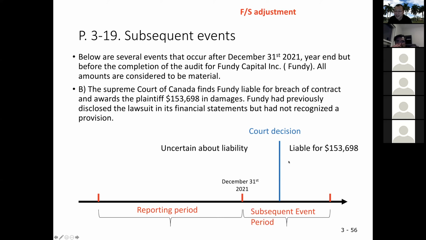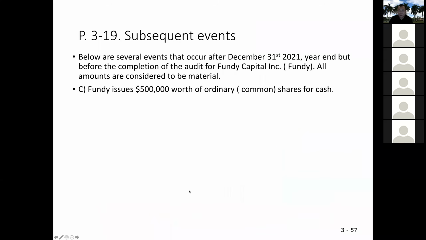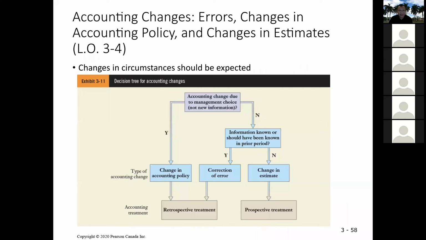So if another lawsuit happened here, would you recognize it? No, it's a new event. You only disclose it, you don't recognize it, because it didn't happen before the cutoff date. So this is the subsequent event.